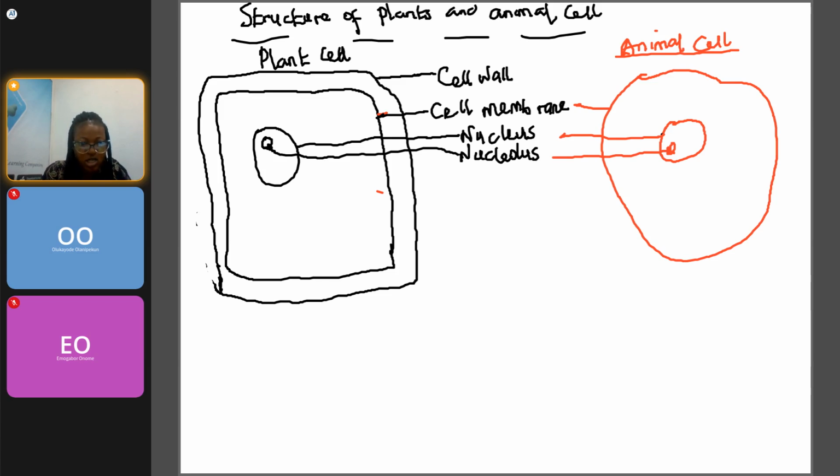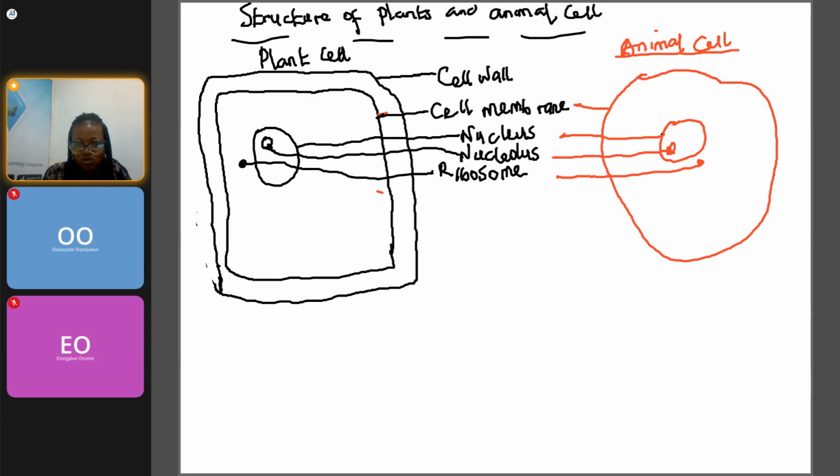You see this thing you are seeing here? There is a structure here that we call ribosome. Okay, it is also present in animal cell. And where does this ribosome come from?